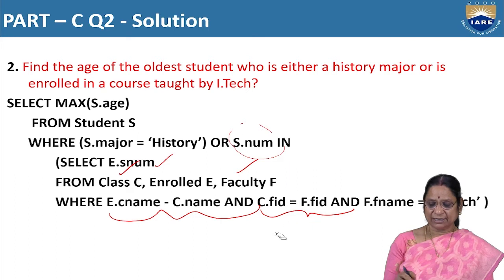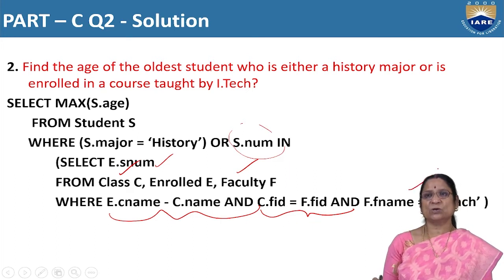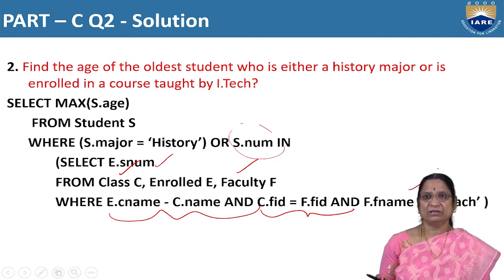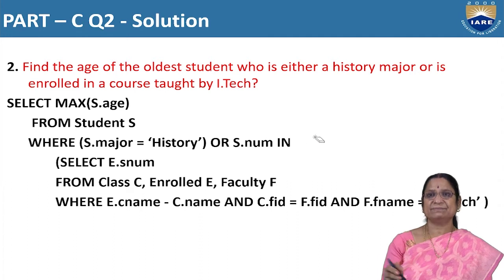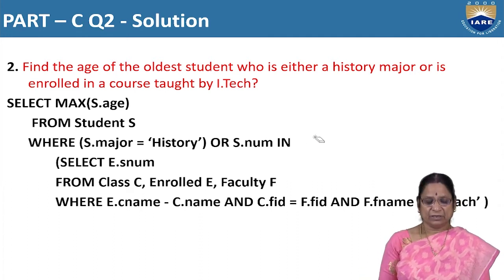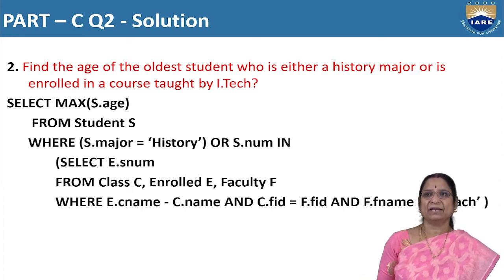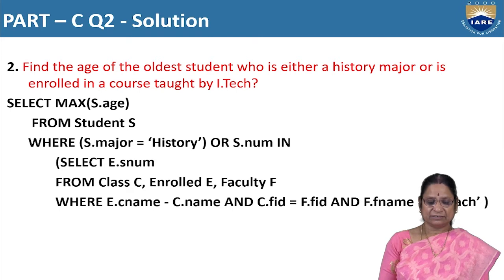And what is the other condition? Faculty name is equal to I teach. Instead of using the entire relation names continuously, some names are going to be renamed and those are used. So where S.major is equal to history, S.number is in this respective process.